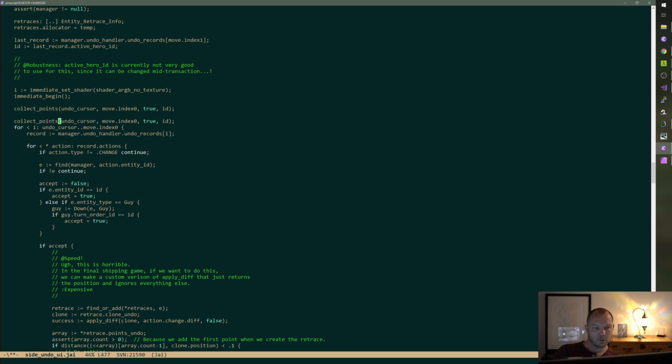Collect points is going to be index start, index end, and is undo, which is polymorphed, and an ID.